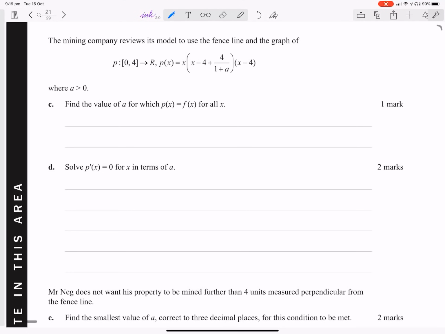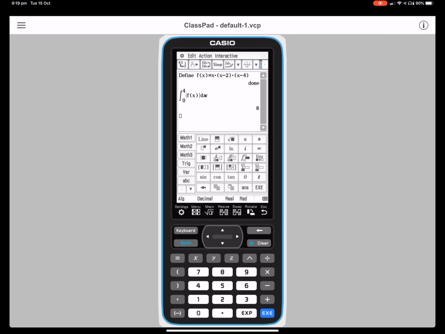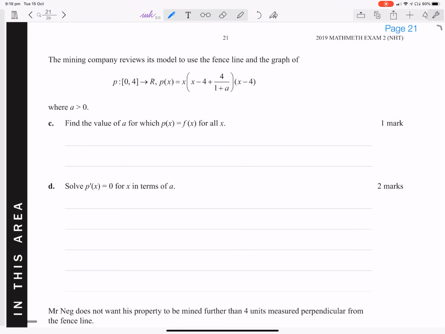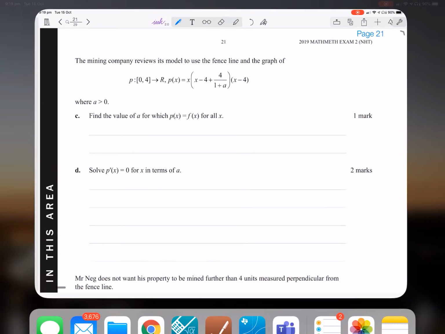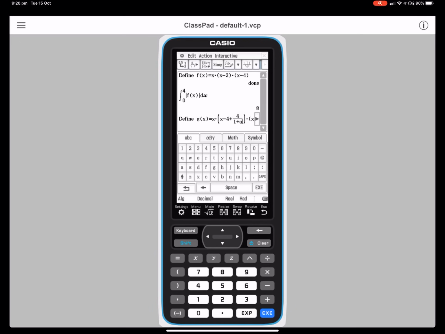Okay, so p of x. So let's call it g of x. X minus, now they've got to be similar. 4 plus 4 and 1 plus a. 4 plus 4 and a.